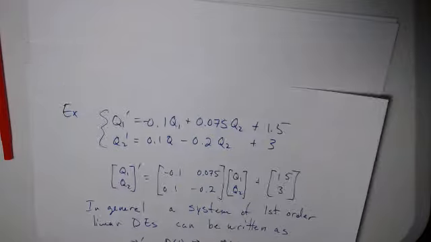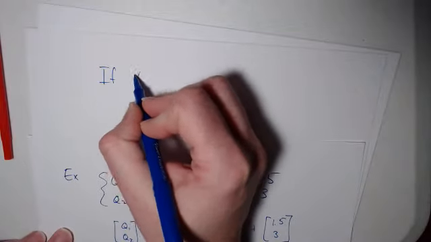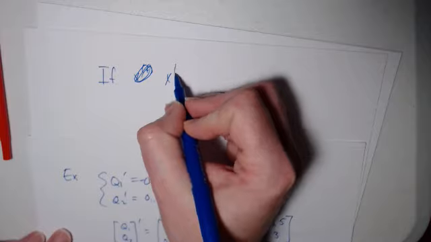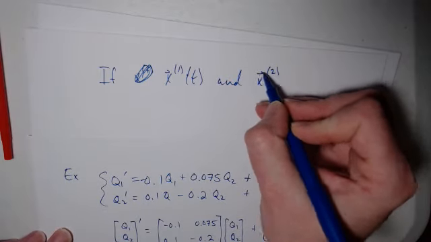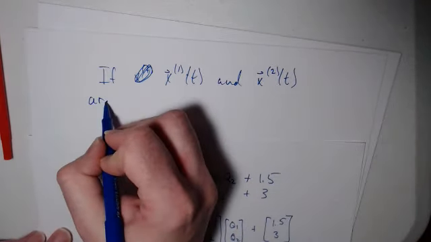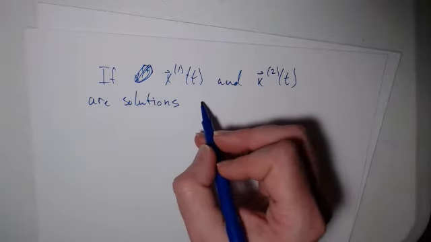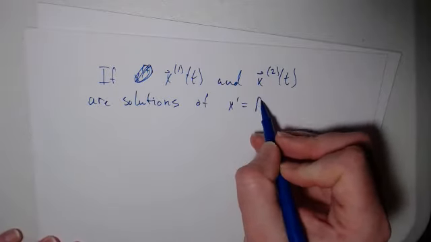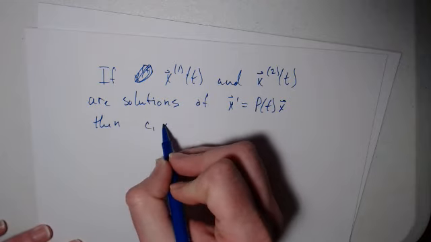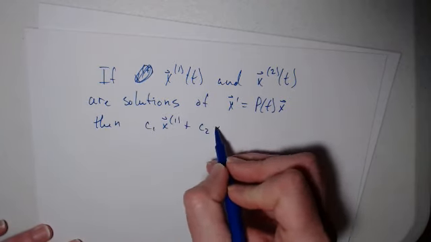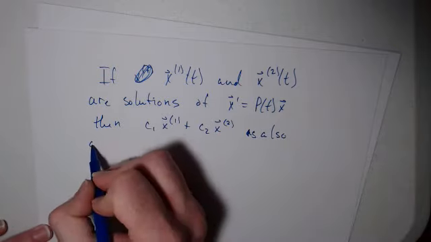So several of our basic rules apply. If x1 of t and x2 of t are solutions of x prime equals P of t x, the homogeneous equation, then c1 x1 plus c2 x2 is also a solution.